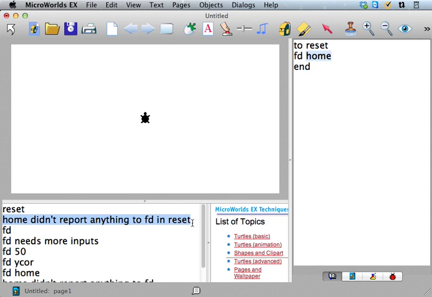This is really powerful and really important, and another reason why it's really good to write a bunch of small procedures rather than just typing everything out in the backpack, or in one of the rules tabs. Because we ran FD home out of a procedure, this error message tells us exactly what procedure has the error. So that's going to make it a lot easier to find that error.